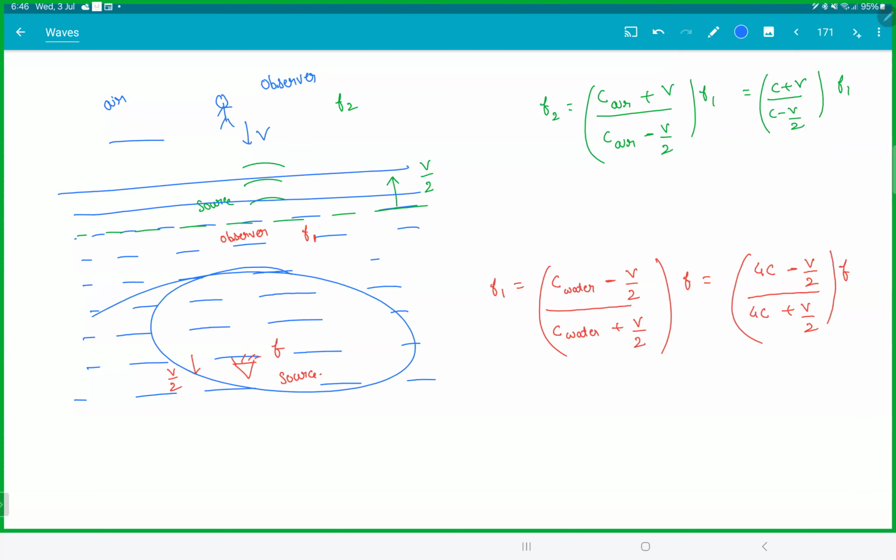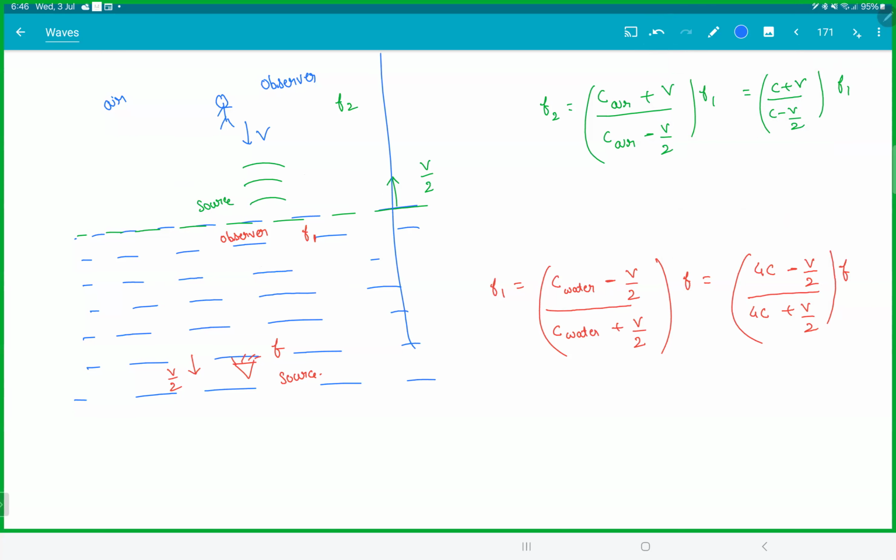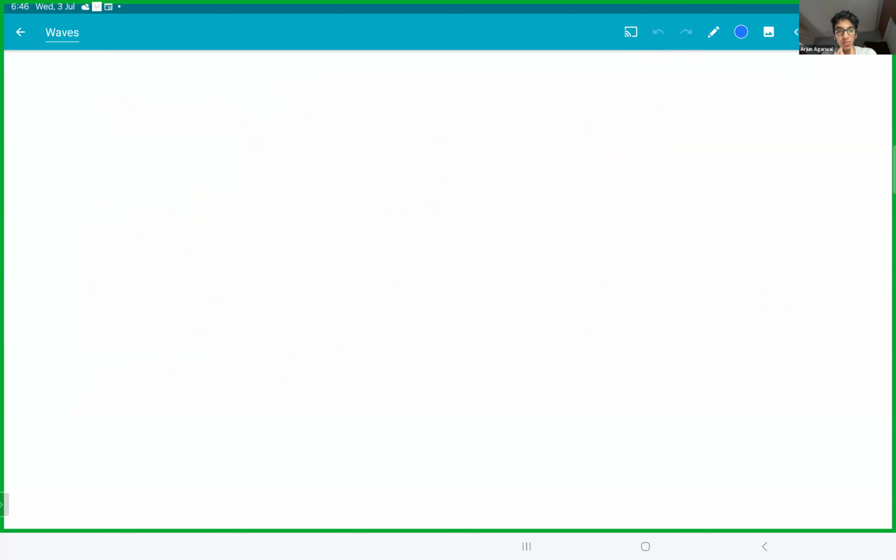This water is not moving here. What you are assuming is that the whole water is moving with V by 2. Oh, okay, yeah, right. Only the surface water level is rising, right? Maybe someone is pouring water here and the level is rising. Yeah, understood.